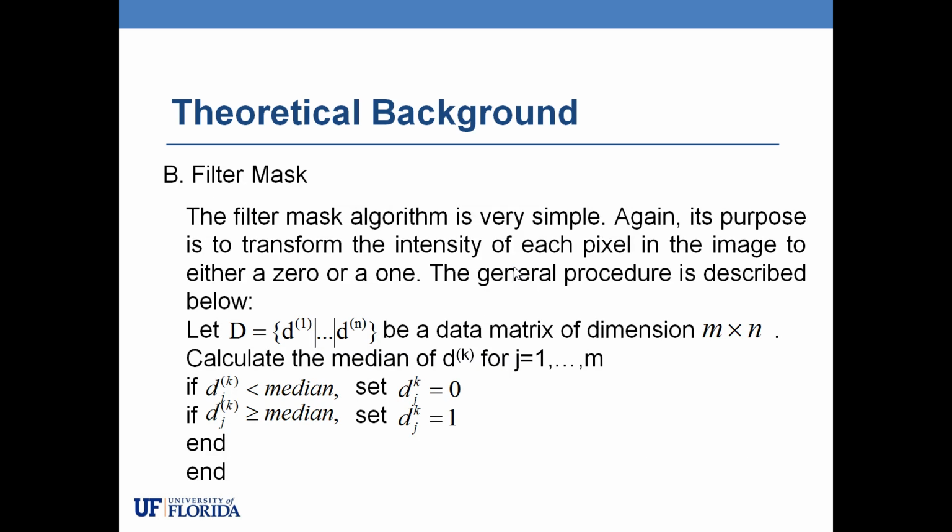The filter mask algorithm is very simple. Again, its purpose is to transform the intensity of each pixel in the image to either 0 or 1. The general procedure is described here.